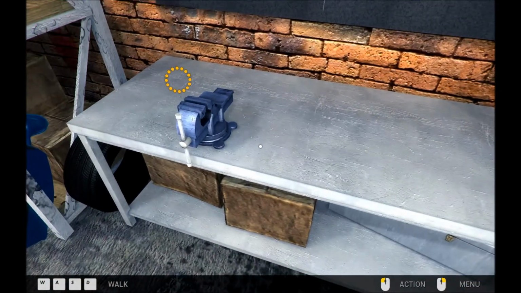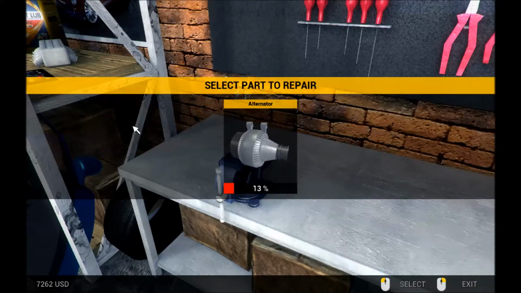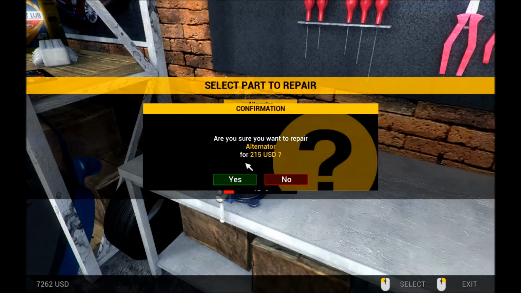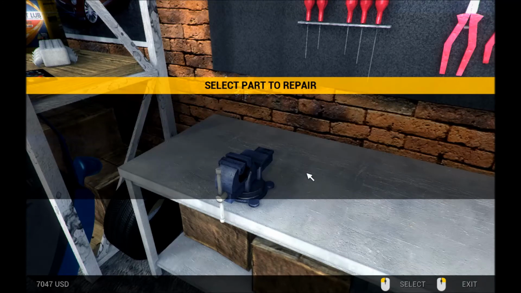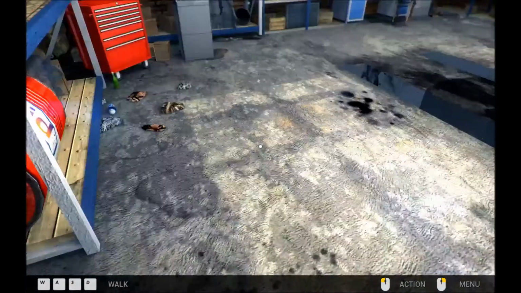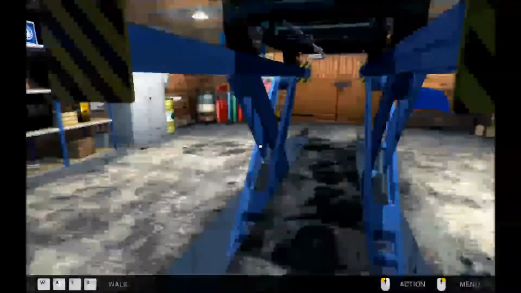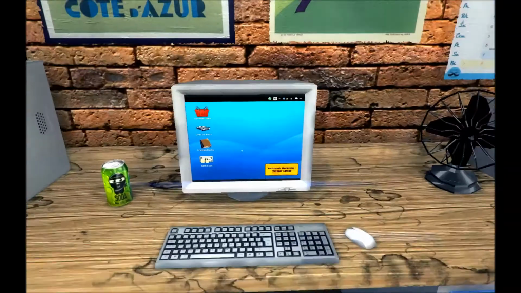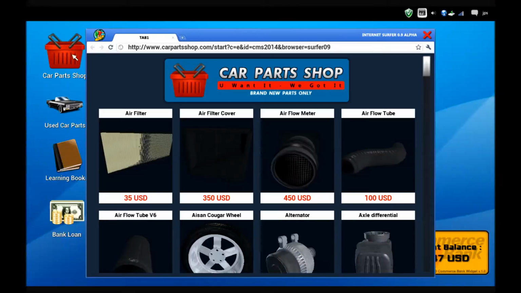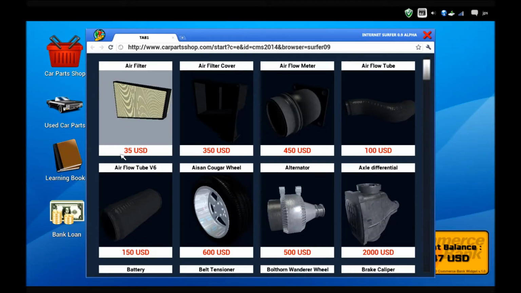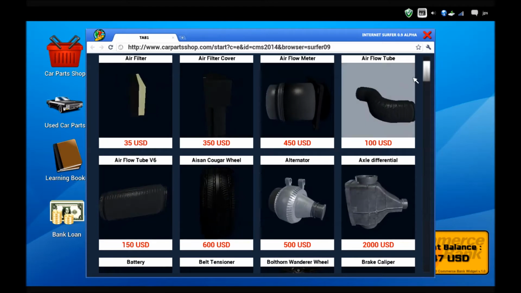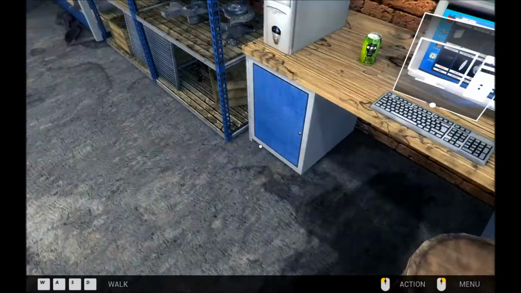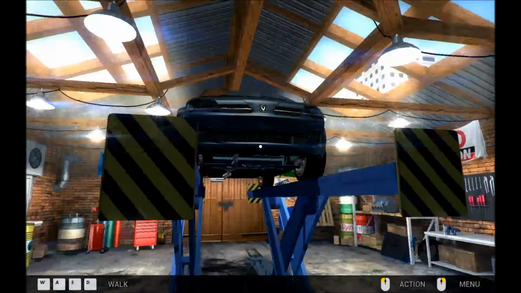See if the advice can help me. It can help me. Let's fix this alternator for a mere $215 in wire brushes and elbow grease. Just out of interest, for my own peace of mind, $215 for elbow grease versus $500 for Amazon instant delivery. Well, yeah, it's good saving.